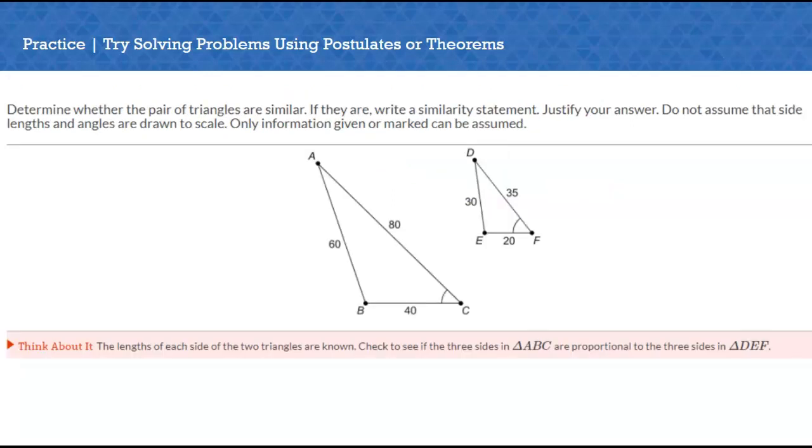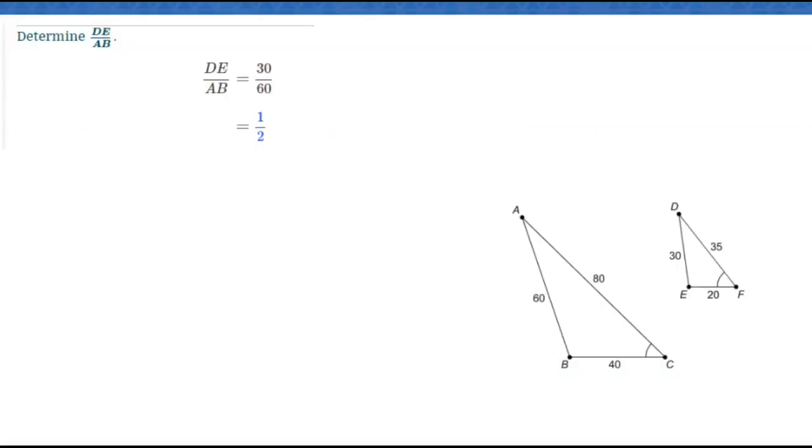Now let's determine whether this pair of triangles is similar. Notice that we have all three side lengths to both triangles, so we can set up proportional sides, but know that we have to do all three sides to make sure that these triangles are similar. The first side that we're going to use is DE.